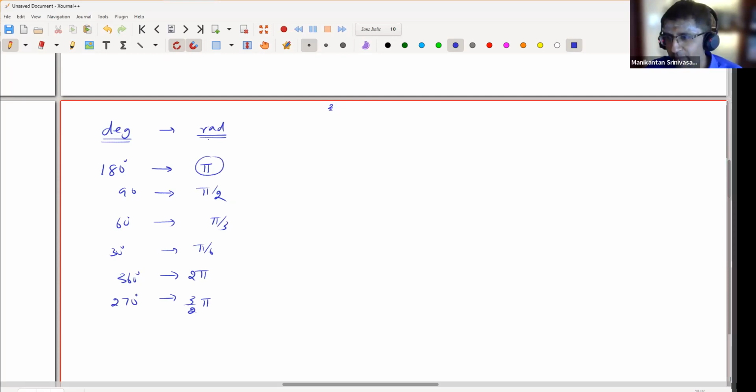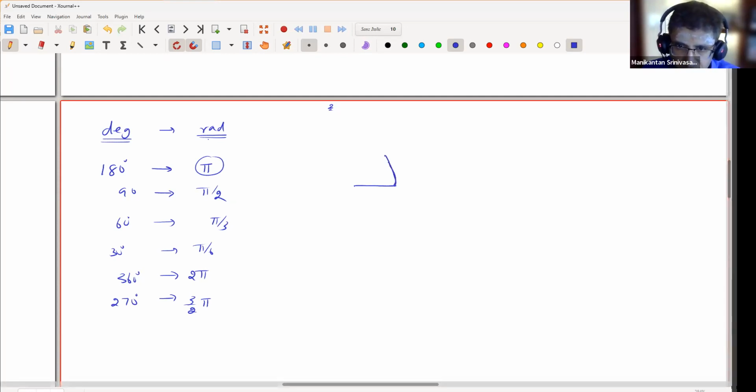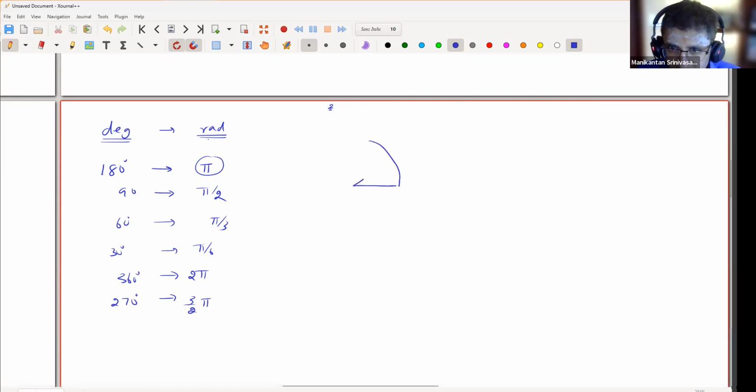Okay, what is the meaning of a radian really? So you have a circle, right? How much do you have to cover? For any theta, the arc length that you cover will be r theta.